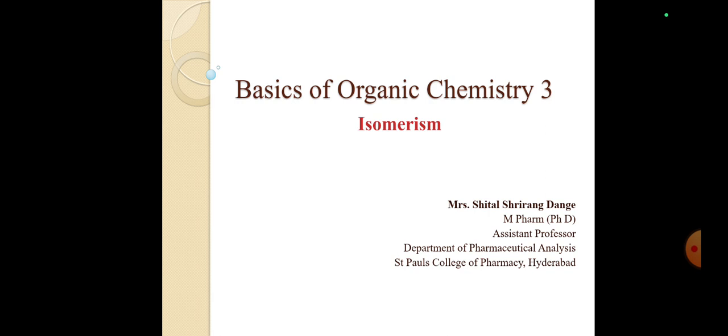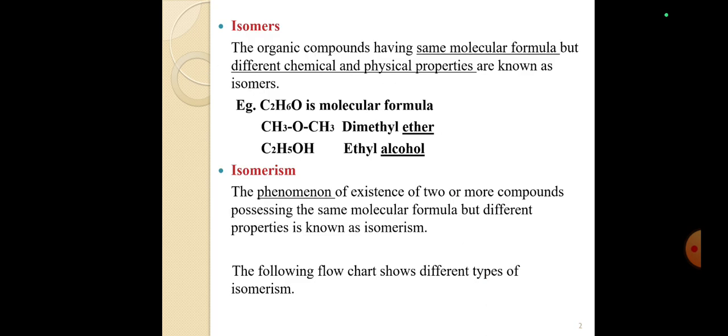Paul's College of Pharmacy under the Department of Pharmaceutical Analysis, and today's class is on isomerism, which is the basics of organic chemistry. So first we need to understand what isomers are. Isomers are organic compounds which have the same molecular formula but different chemical and physical properties.